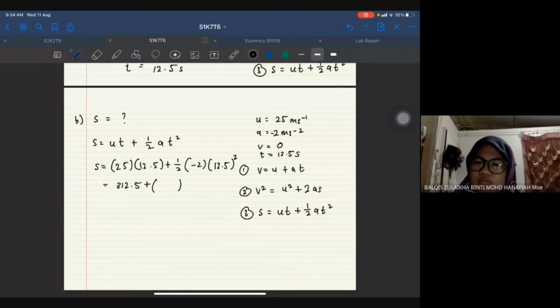Okay, don't forget about the negative tu. Again, biasa student tulis tapi lupa nak tekan calculator, negative and square tu.